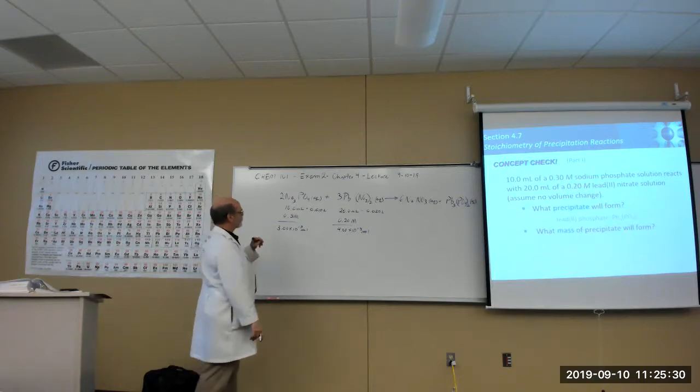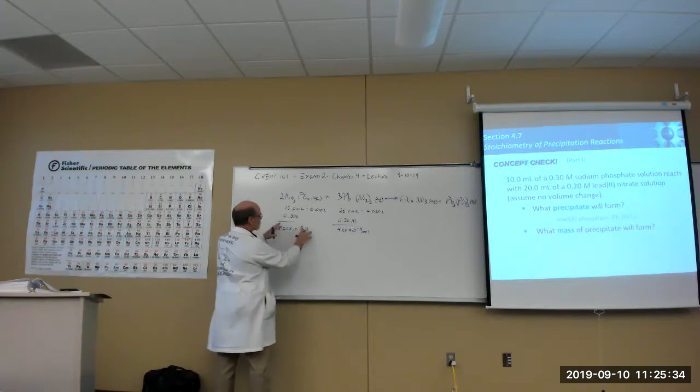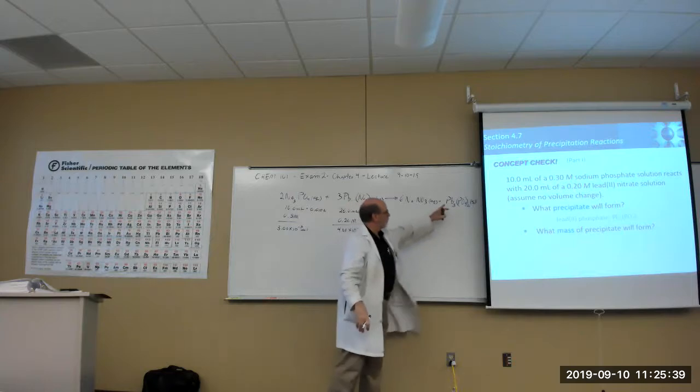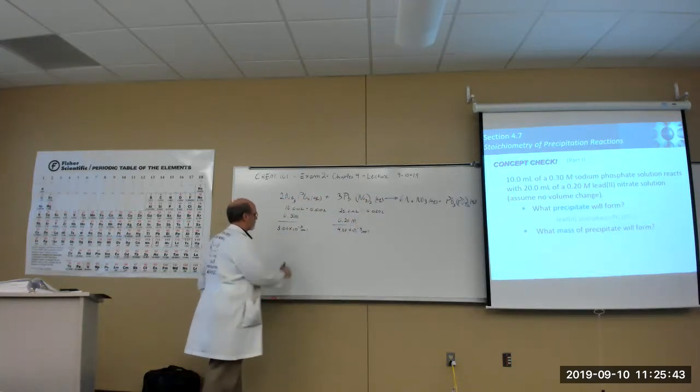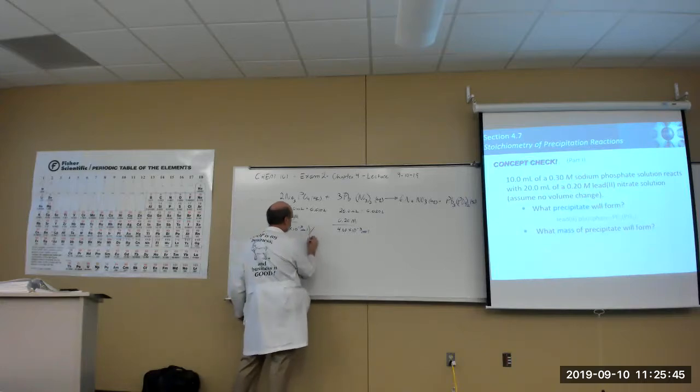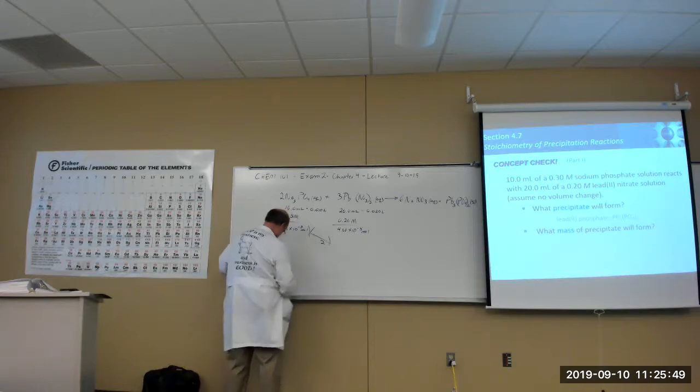Okay? So what is the conversion? Well, if we have this much of that compound, look at the ratio. One of these for every 2 of those, right? So if we convert this to, well, it's not right.